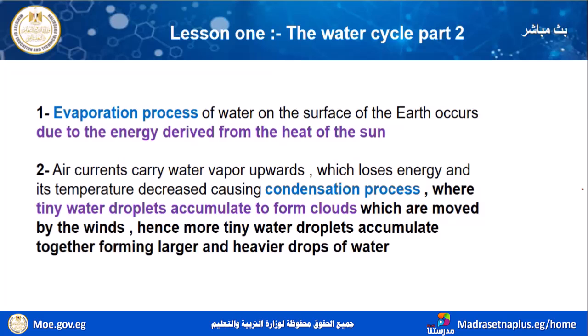The water changes from liquid state to gaseous state. This process is called evaporation. So the evaporation process of water on the surface of the Earth occurs due to the energy derived from the heat of the sun.